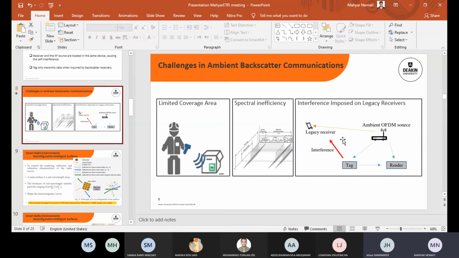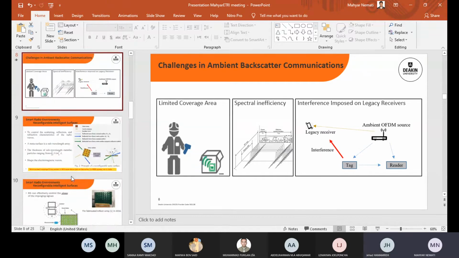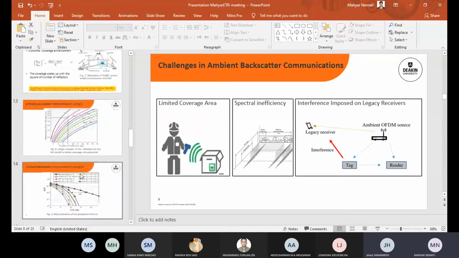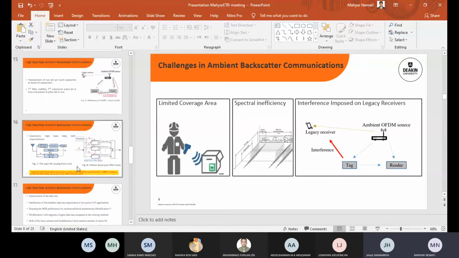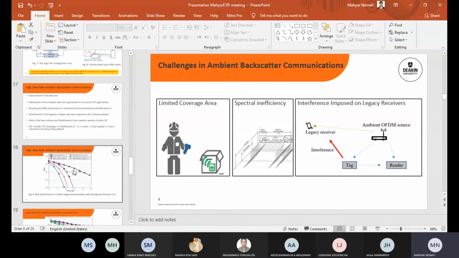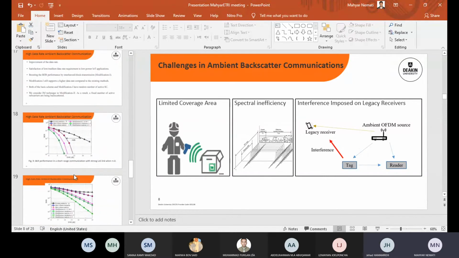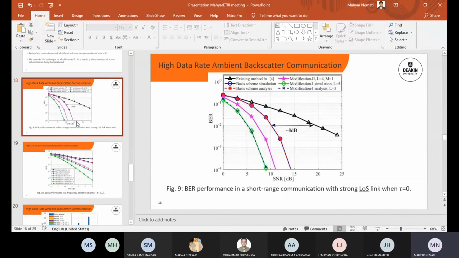If we control the number of active subcarriers transmitted from the tag toward the reader and the legacy receiver, then by reducing the number of active subcarriers, we can reduce the interference for the legacy receiver. So we can have a very minor control over the interference which may be caused for the legacy receiver.